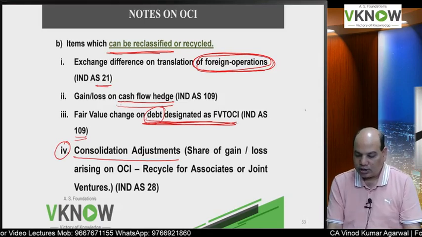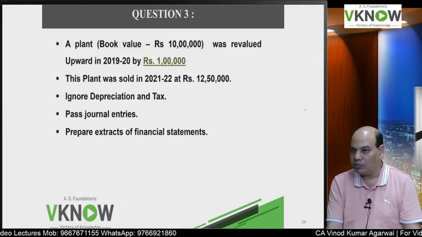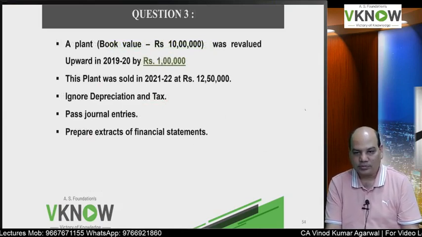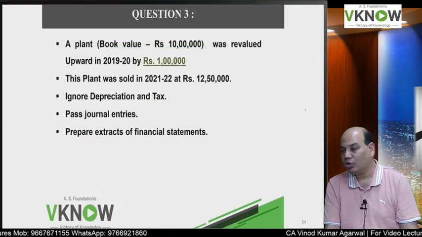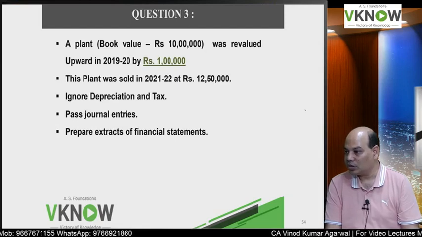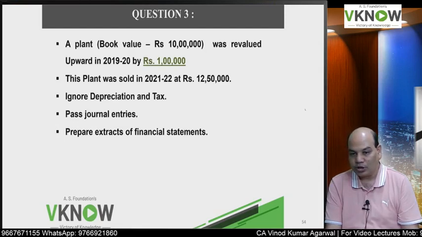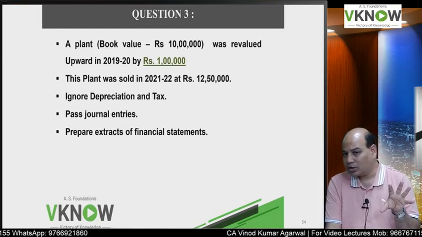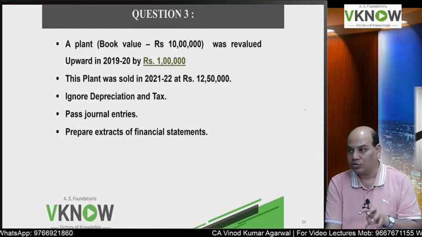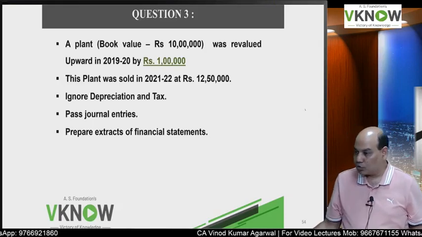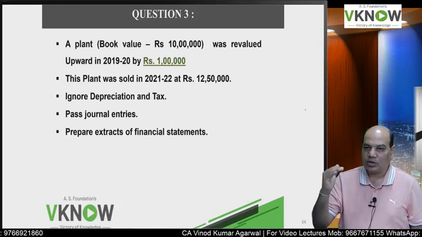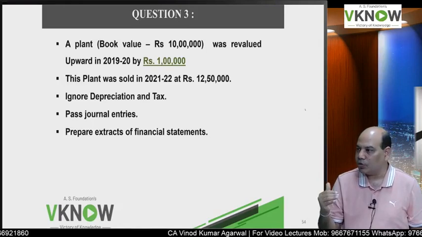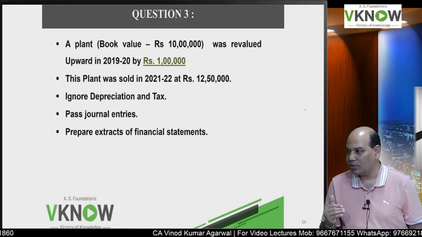So these are the 9 items. For your interview also remember these 9 items. Or even in your audit paper also sometimes they ask such questions. I am not an audit teacher, but I have seen some paper where there is a question on OCI also. Okay. So 5 items are non-recyclable, 4 items are recyclable.